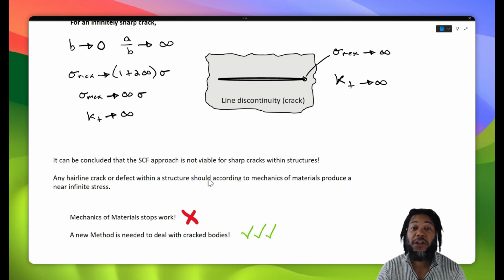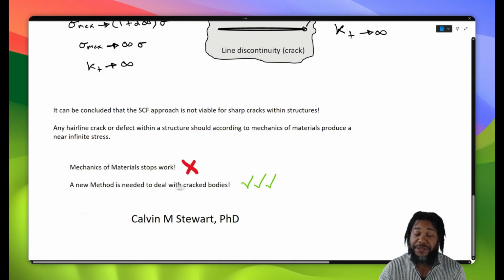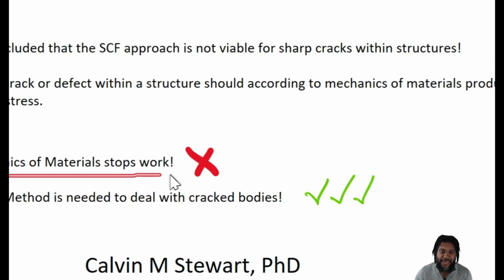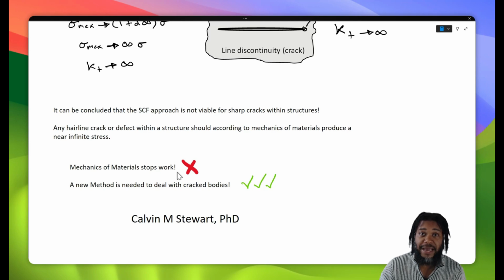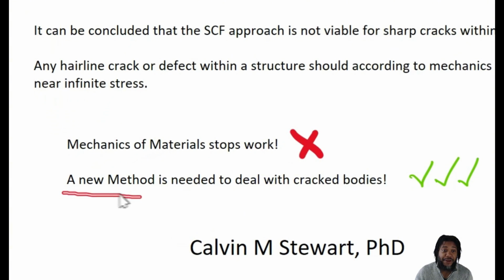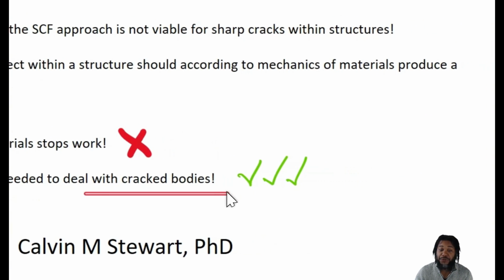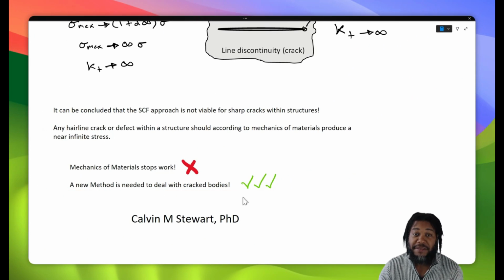The part should just fall apart under gravity, right? Clearly, that indicates that mechanics of materials stops working with very sharp cracks in structures. And so we need to develop a new method to deal with cracked bodies, and that method is called linear elastic fracture mechanics.